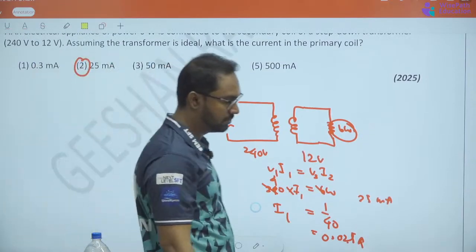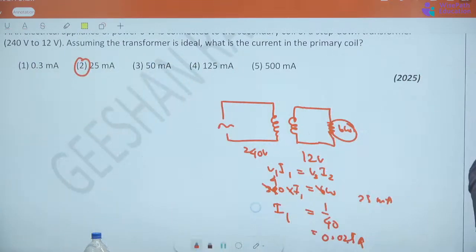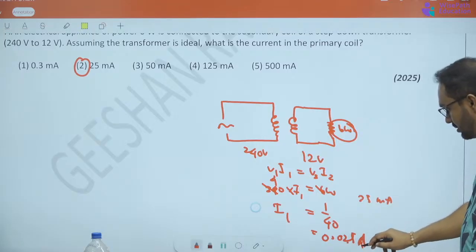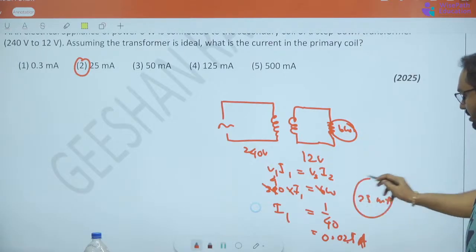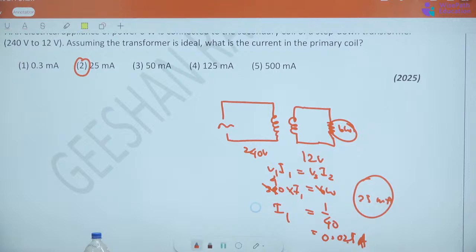Answer 2, right? Answer is 2. This is amperes, so 0.025 amperes is 25 milliamperes.